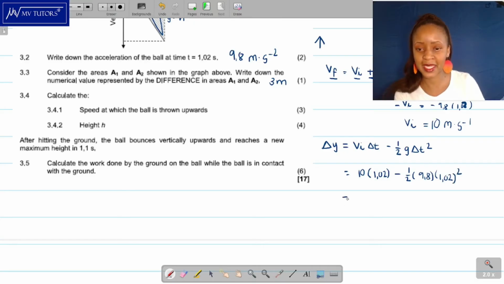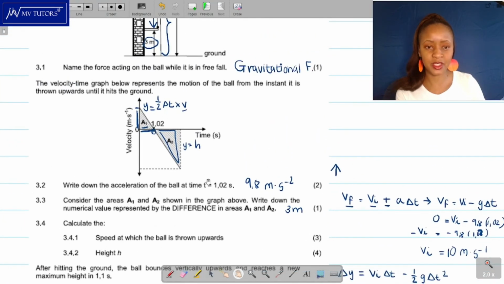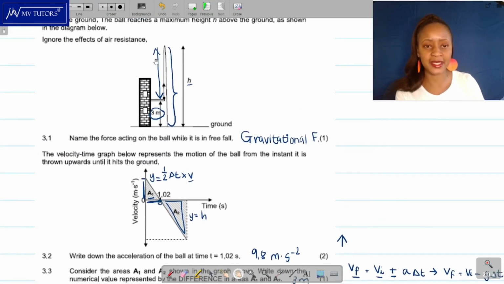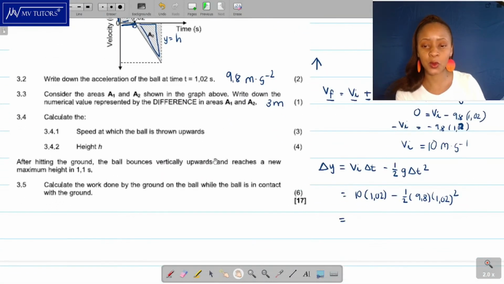So we can plug all of that in the calculator. Let me just make sure we're on the same page. What we are calculating right now is this value here. They want the full h, so after getting this answer we're going to add 3 to it, so that we can get the full h.